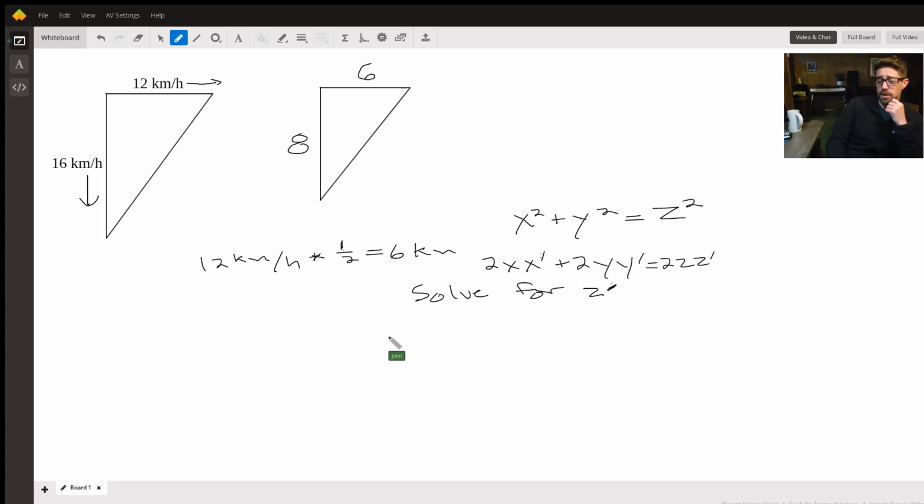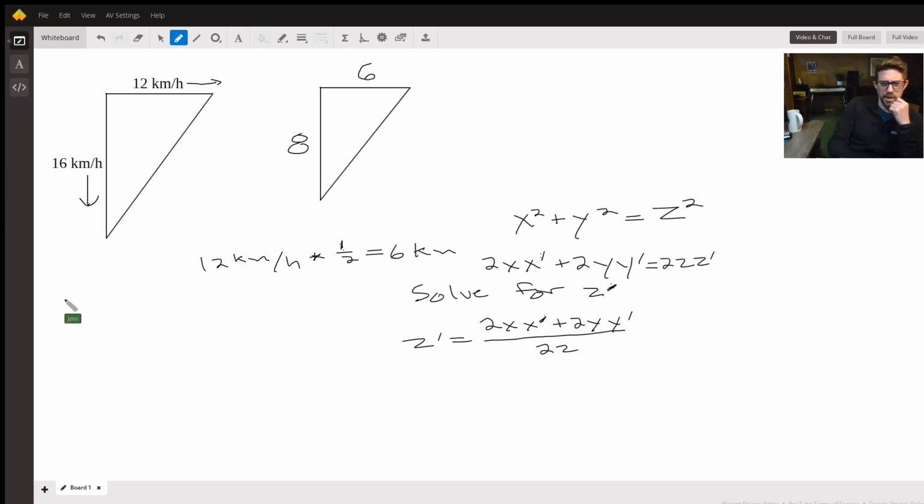Don't plug in any numbers yet. I was warning against that. To solve for z prime, you just divide everything by 2z. So we're going to have z prime equals 2x prime plus 2y prime all over 2z.